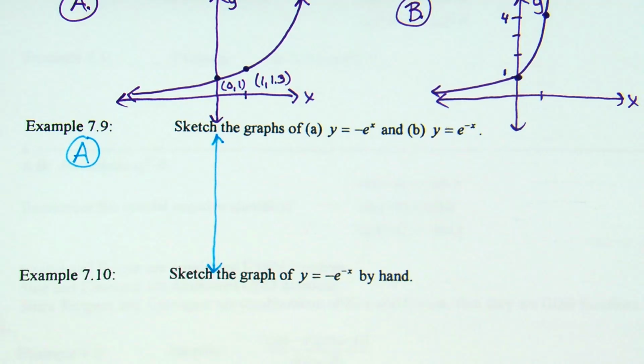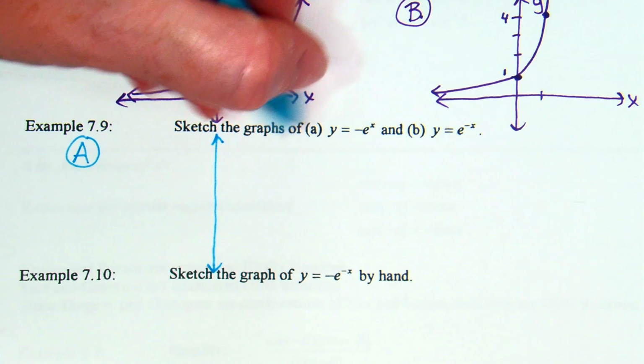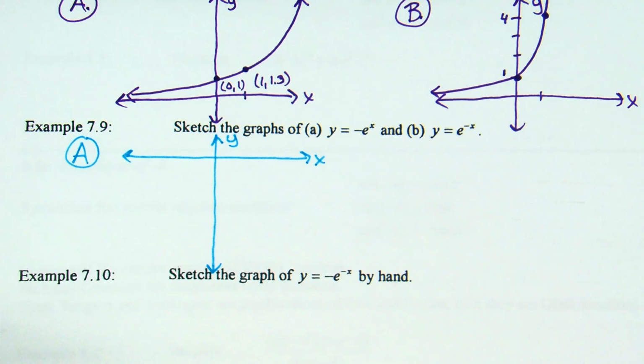My shortcut, and maybe it's just how I remember it: if the negative is on the x, it's going across the y. If it's not on the x, it's going across the x. I don't know if that makes any sense, or if that only makes sense in my head. But because this negative is not on the x, it's going to reflect across the x-axis, which means, notice I didn't draw my x-axis in yet, instead of my graph running along the top side of the x-axis and going up, it's going to run along the bottom side of the x-axis.